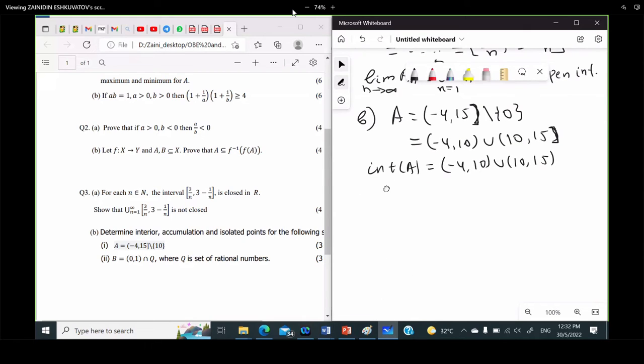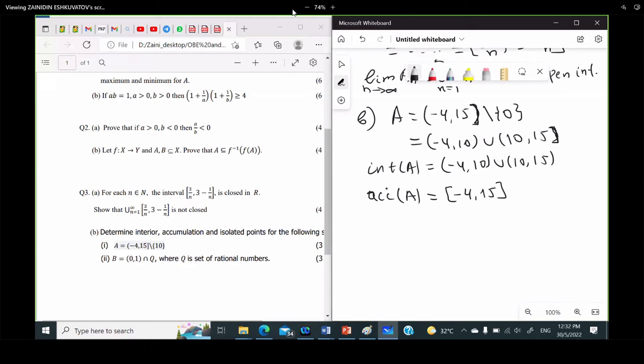What about the second one? Accumulation points of A. Since it is an interval, including the endpoints, it is minus 4 up to 15, including 15 also.